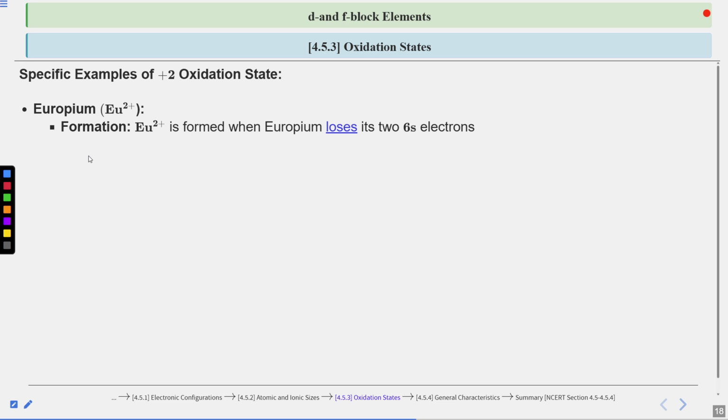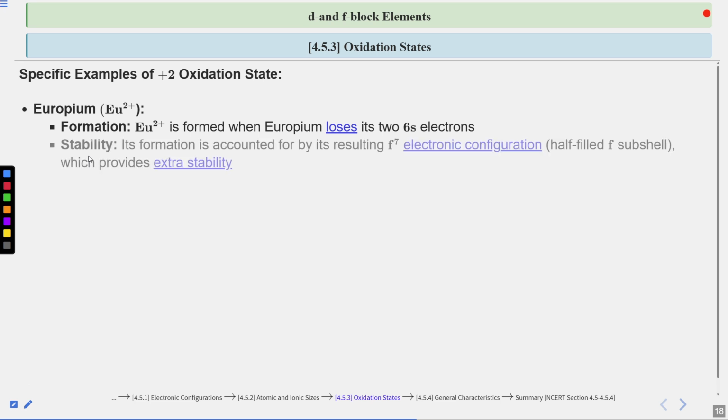So 2+ means it loses its 2 electrons from 6s and attains 4f7. Its formation is accounted for by the resulting f7 electronic configuration, a half-filled f subshell, which provides extra stability.